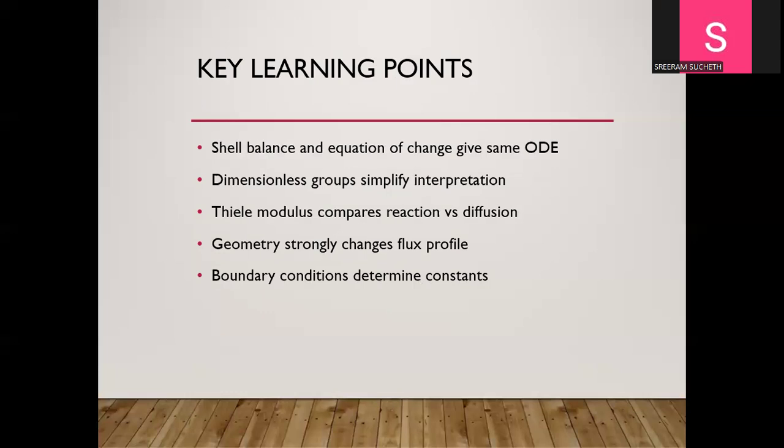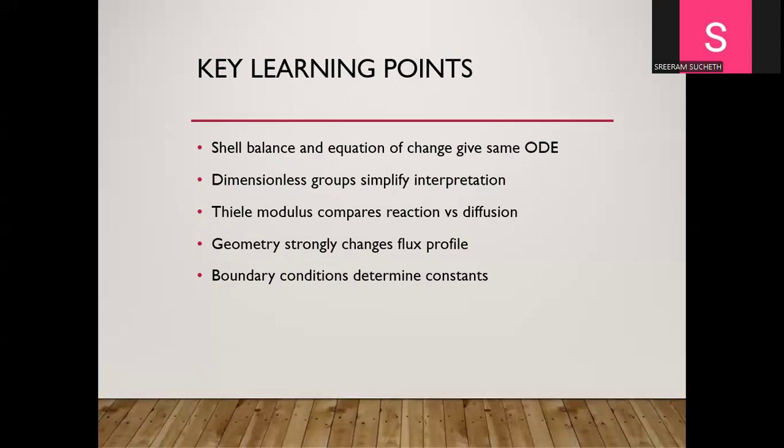So the main learning points from this assignment are: shell balance and equation of change give us the same result. For complex examples, we use equation of change, and for simple solutions, shell balance. And here Thiele modulus helps us compare diffusion and reaction, which dominates more.